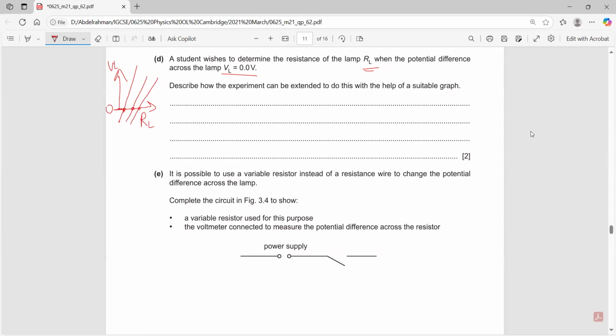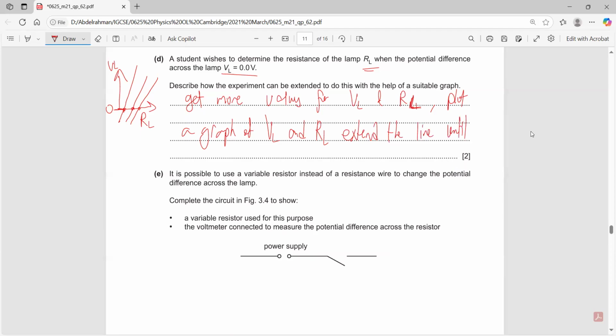So you need to get more values for VL and RL, and then plot a graph of VL and RL, extend the line until it meets the RL axis.